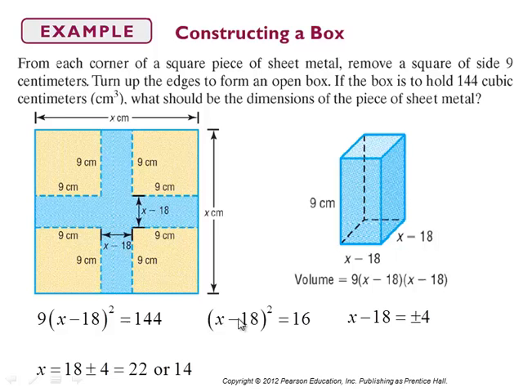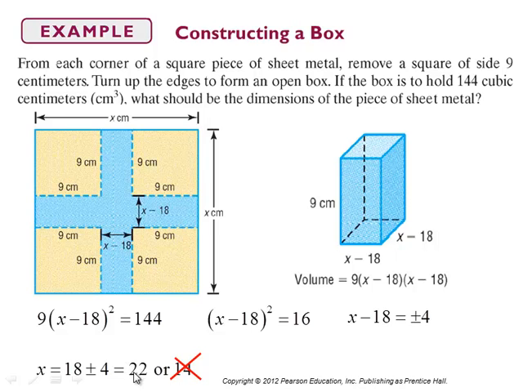Now, you look at this equation or even this equation, does it make sense for x to be equal to 14? And the answer is no, because we need for x to be no smaller than the 9 plus 9, which is 18. So we need for x to be not less than 18. So we can actually eliminate 14 as a potential solution.